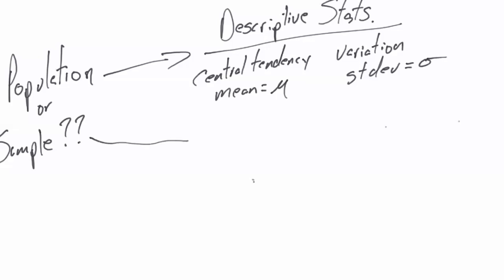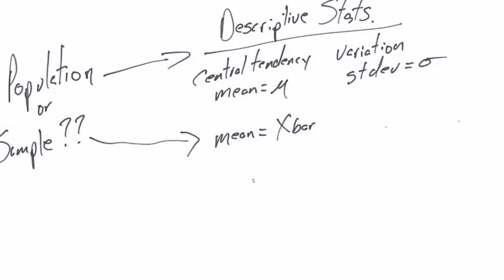If instead we were looking at sample data, it is going to be a smaller data set. It could be over a smaller period of time, or it could be a subset of the data from the big pot of data known as the population. The mean is represented by the variable x bar.